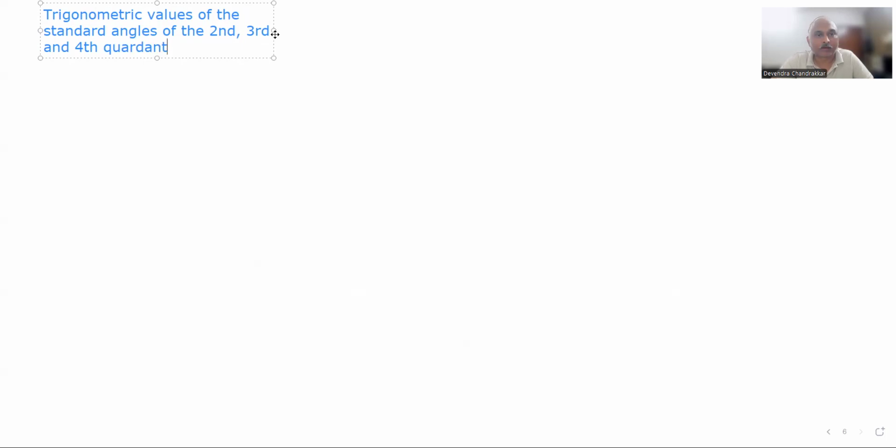So we are discussing the trigonometric values of the standard angles of the second, third, and fourth quadrant. This is what we are trying to learn now.